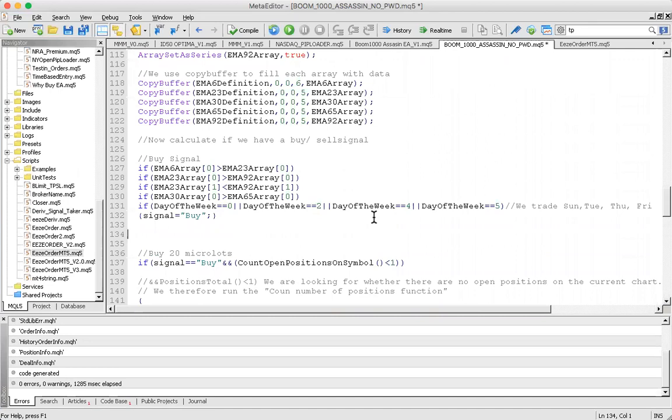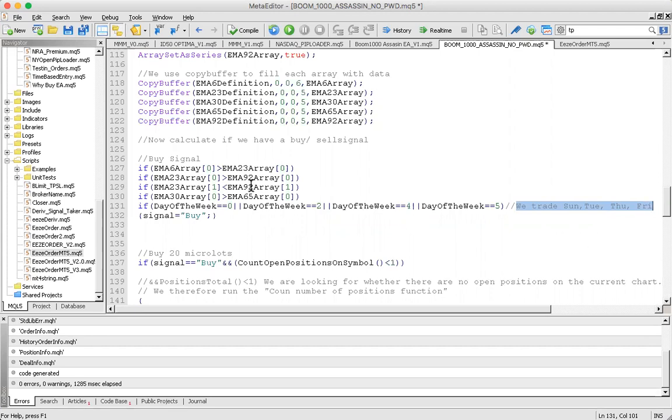So for the Boom 1000 EA, I actually just optimized it so that we can trade 4 days. And these are the profitable days for Boom 1000 for this particular EA. It doesn't necessarily mean if you're trading on Wednesday, you are losing money. No, but if you're trading on Wednesday using this strategy that I gave to you, it is profitable, but less profitable. Okay, so I optimized it for profit.